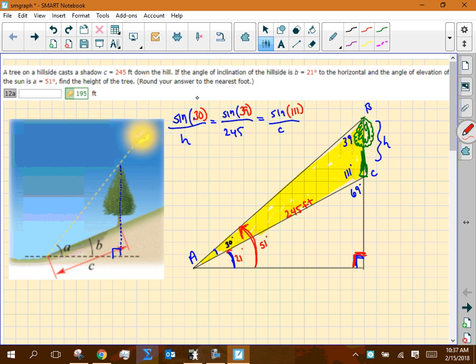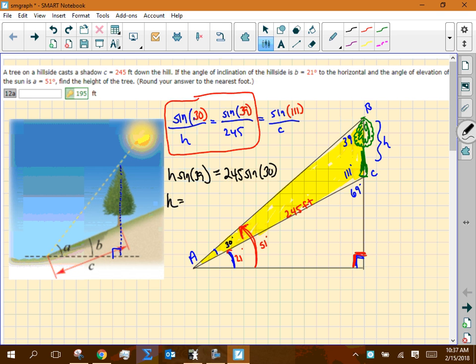By plugging that stuff in, I can now grab those two ratios and figure out what H has to be. I can go H sine of 39 is equal to 245 sine of 30.